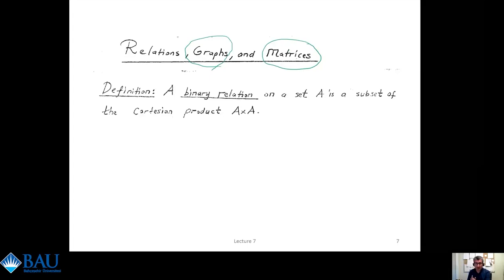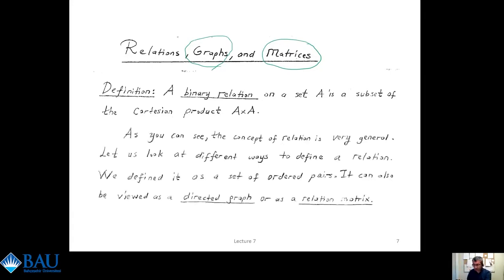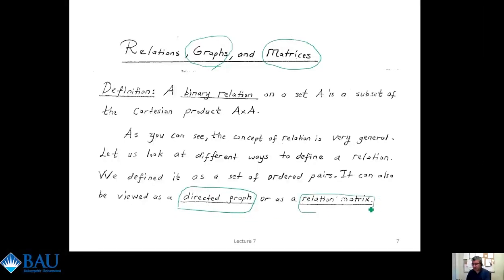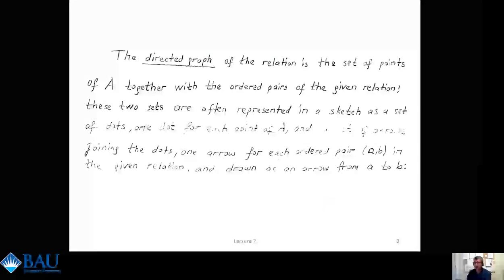So if you show it by graph, we call it a directed graph. If you use a matrix, we call it a relation matrix. Let us see how it works.